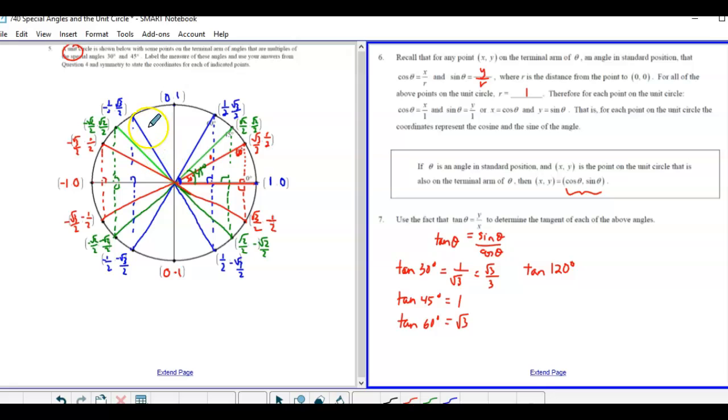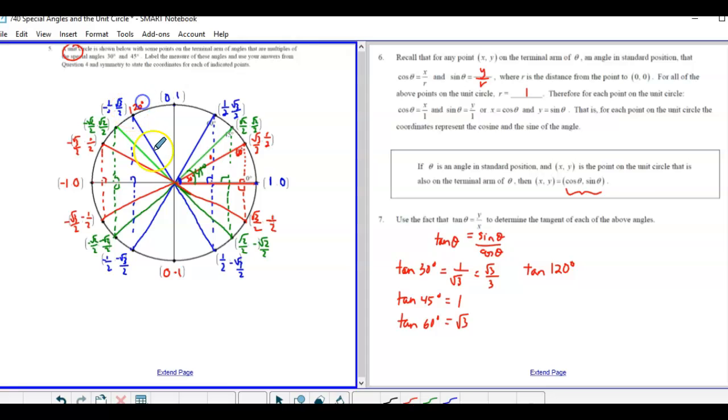So then this blue one here, I'm just going to label it at the top. This would be 120 degrees, right? Because that's 60 and then another 60. Or you can go 180 minus 60, the reference angle. So this green one, 180 minus the reference angle of 45, is 135.